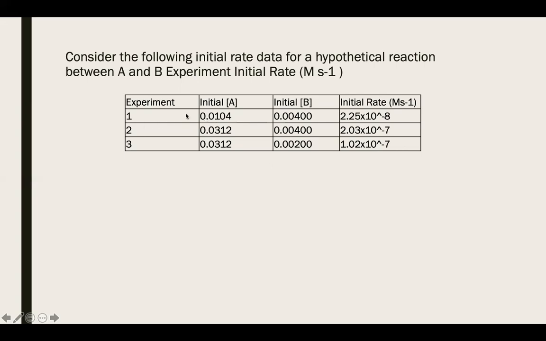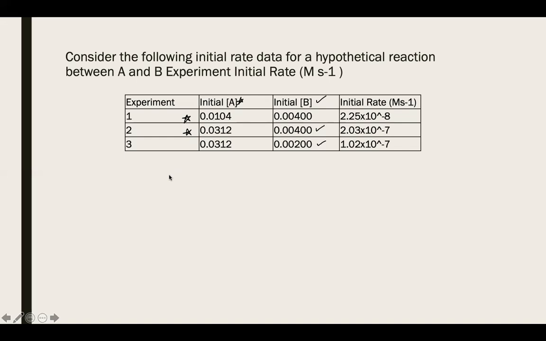So in order to find out the order of A, we're going to use these two equations. And in order to figure out the order of B, we're going to use the ones in which the concentration of A is held constant, but the concentration of B is changing. So we'll use the latter two trials.